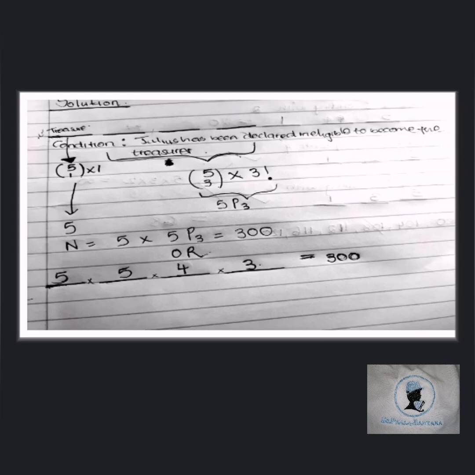So now, considering the other 5 without Anna, who was chosen as the treasurer, you are going to say, here I have 5 people to choose from, and then after you get the relevant person for that position, you are going to say, for this one, I have 4 people to choose from, times, and then after you get 1, for the last position, I have 3 people I can choose from, and then your answer is going to be 300. So there are 2 ways you can answer that question.